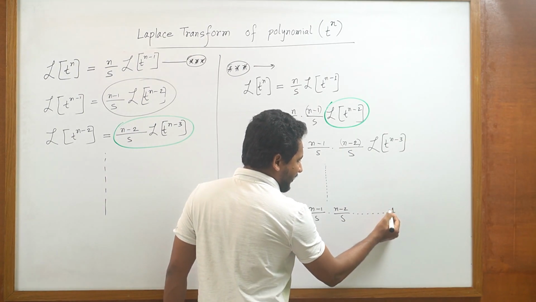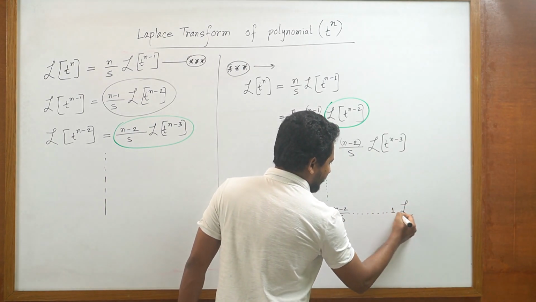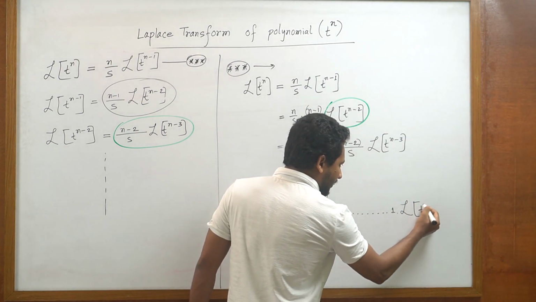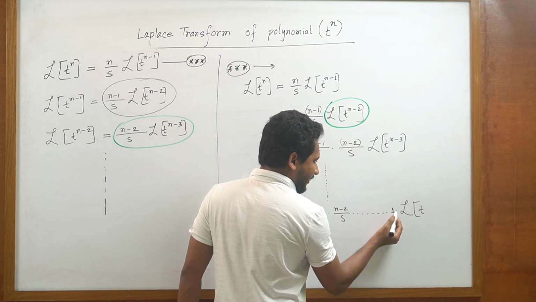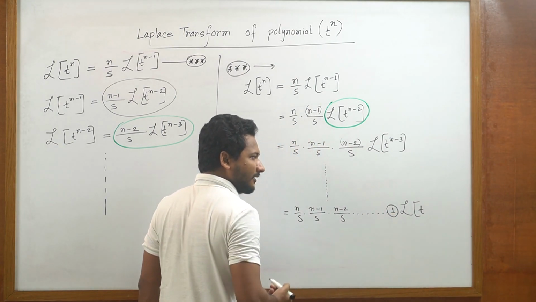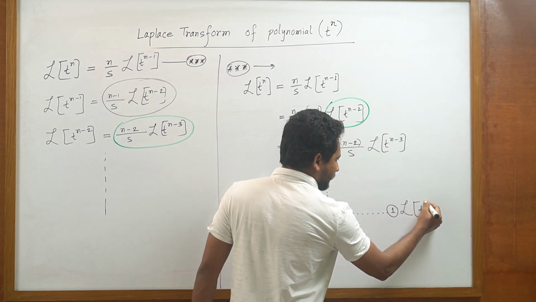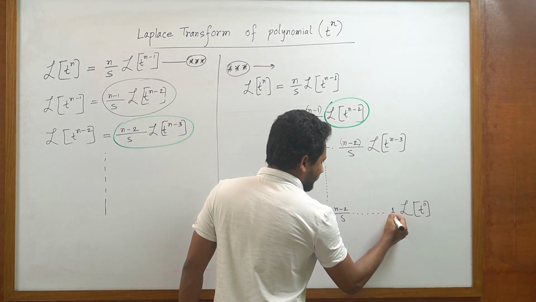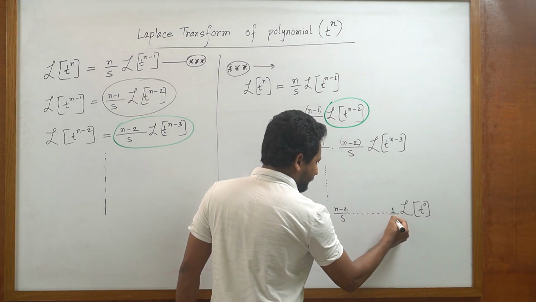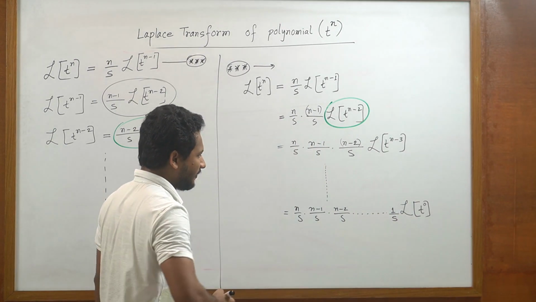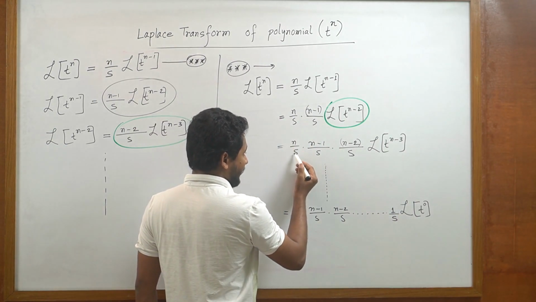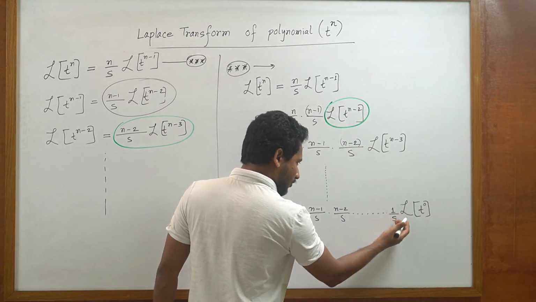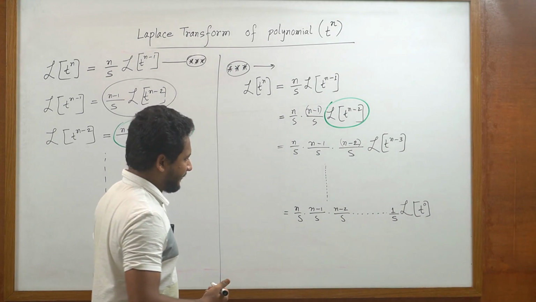So when the last factor is 1, then the power of t in the Laplace transform should be 1 less than the last factor. Here the last factor is 1, so the power would be 0. Okay, and this 1 over s, of course, because every factor is over s, so the last factor over s should be there.